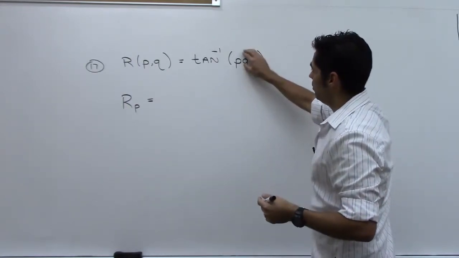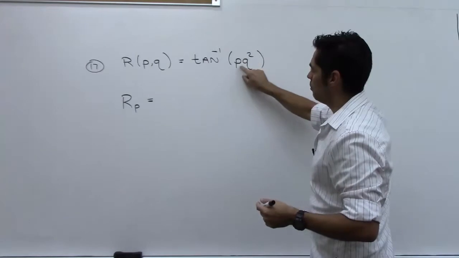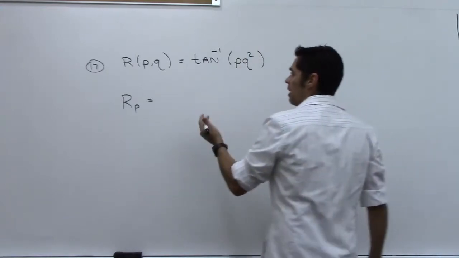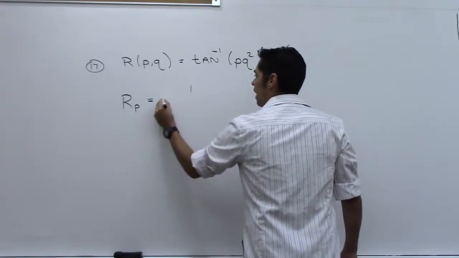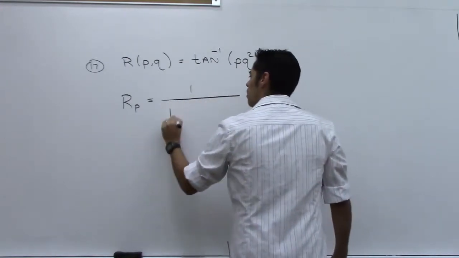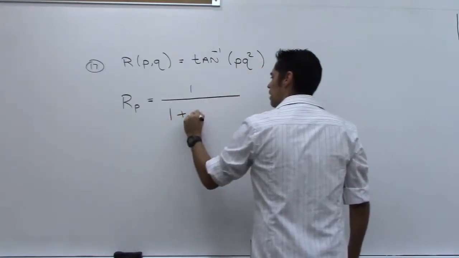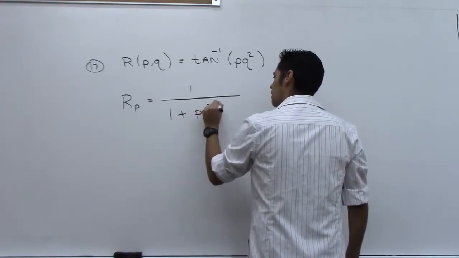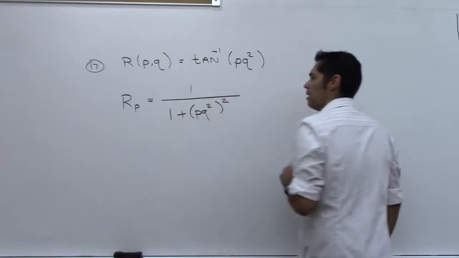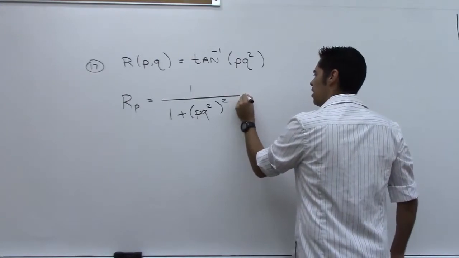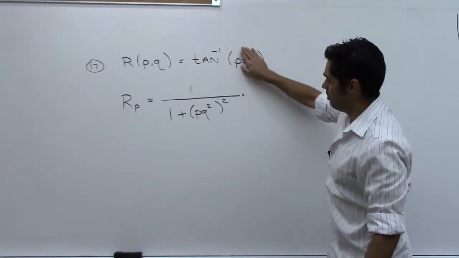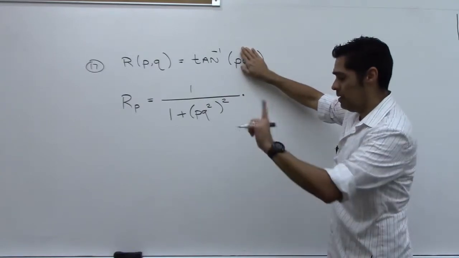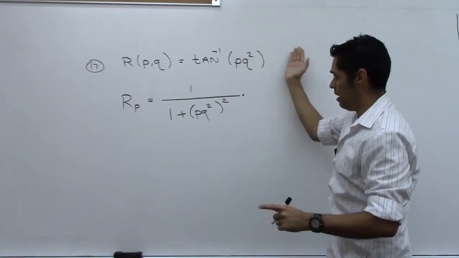So q squared here is just some number, and that's going to be multiplied times p. So first thing I have to do, what is the derivative of arctangent of something? Well, it's back from Cal 1, it's 1 over 1 plus the argument here, pq squared, quantity squared. Then times, because of the chain rule, derivative of what's in here. And again, because q squared is a constant, I'm just going to look at p. What's derivative of p with respect to p? It's 1, but then times the constant.